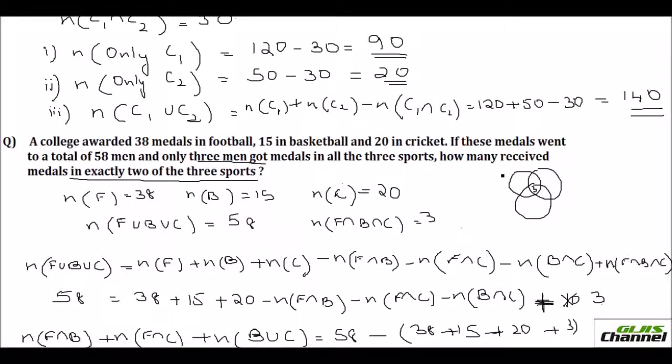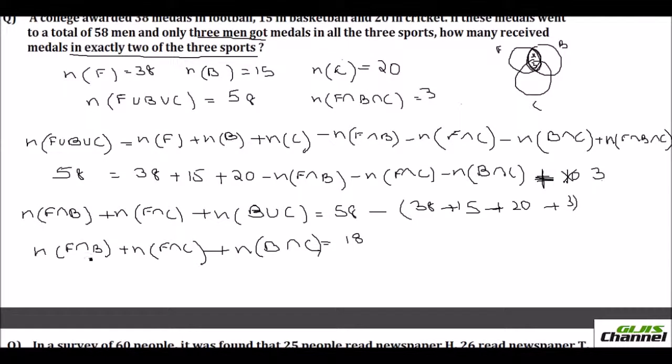Let me name it as F, B and C. So this portion, when I say F intersection B, it includes this whole portion, right? So it is 3 plus something over here, I take it as X.